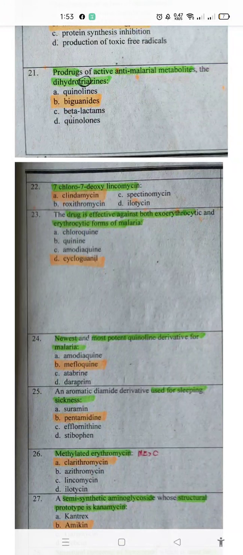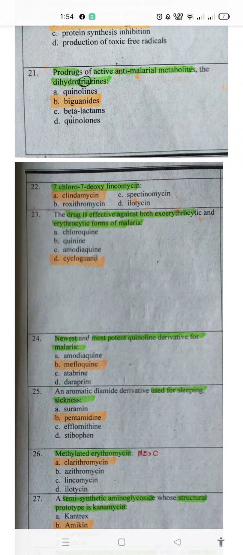Your amodiaquine is highly suppressive in Plasmodium vivax and Plasmodium falciparum infections, being 3 to 4 times as active as quinine. And your cycloguanil is the DOC for both exoerythrocytic and erythrocytic forms of malaria.